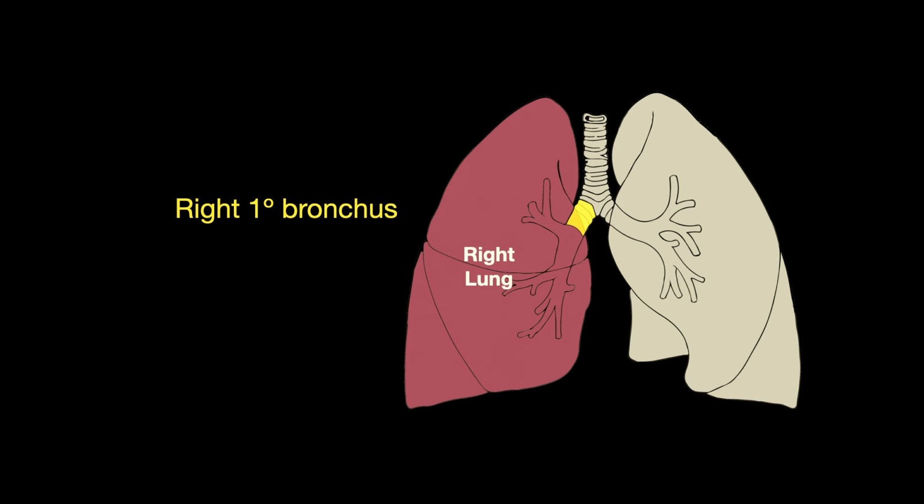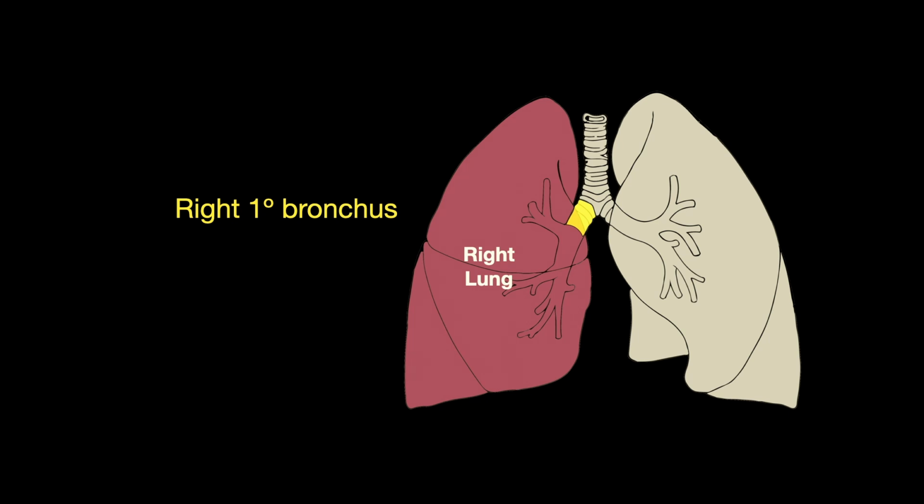All right, so here we have one of my illustrations that shows the lungs, and I want to demonstrate how very compartmentalized our lungs are in relation to these bronchial trees. It's called the right primary bronchus, or right mainstem bronchus, and it supplies the entire right lung.